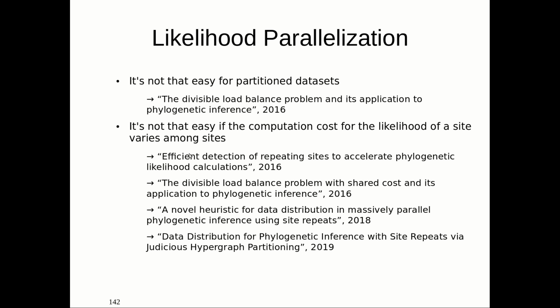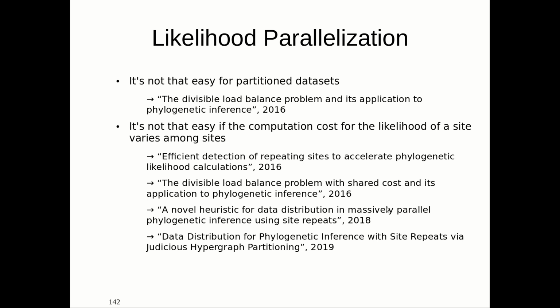The first paper is efficient detection of repeating sites to accelerate phylogenetic likelihood calculations. This basically looks at different sites and their similarities to detect repeating patterns in those sites, and thereby omit unnecessary or redundant calculations.